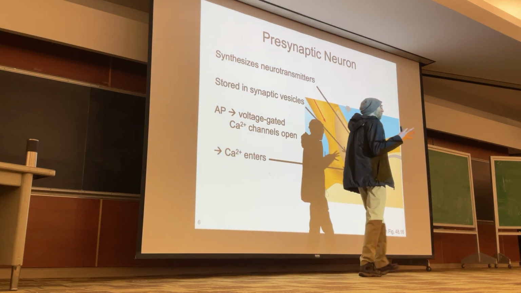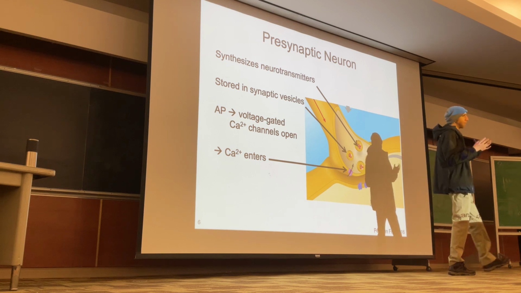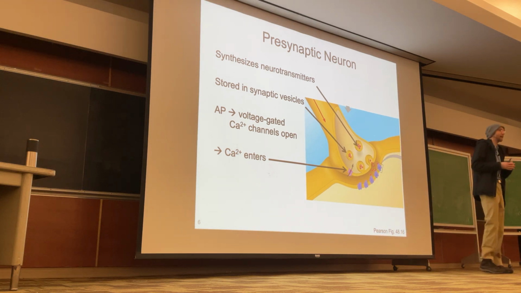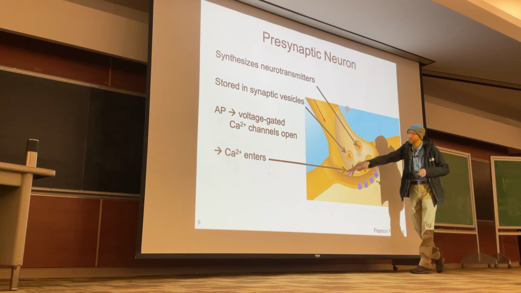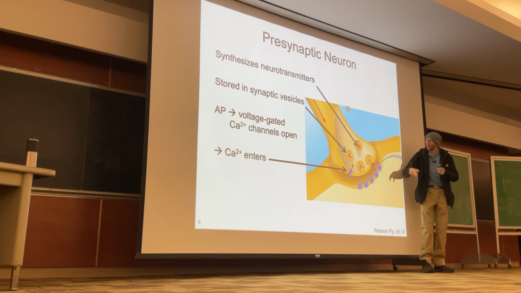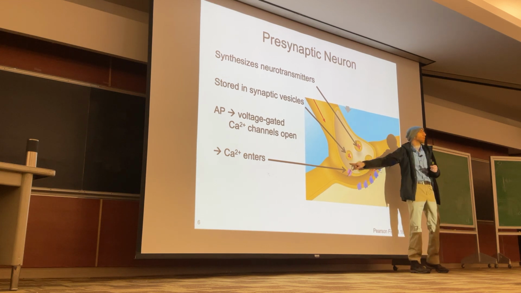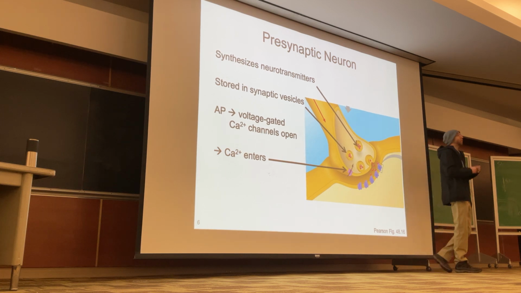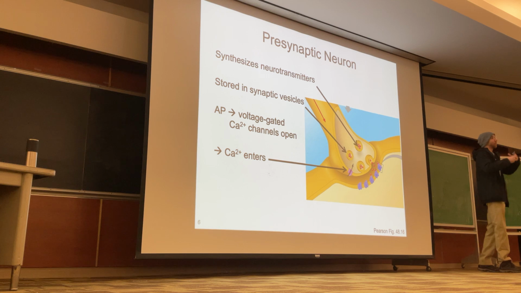You have the calcium wave. In that case, it's released from the ER rather than from outside the cell, but it's the same effect. You get a wave of calcium going through that cell, and in that, at the time, secondary oocyte, you had those cortical granules that were arranged around the underside of the membrane, and that calcium wave caused those vesicles to fuse with the membrane and release the things they contained.